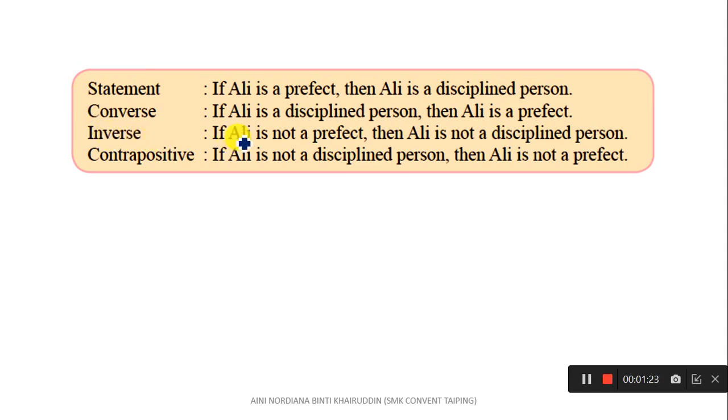Inverse: if Ali is not a prefect, then Ali is not a disciplined person. And contrapositive: if Ali is not a disciplined person, then Ali is not a prefect. Can you spot the differences between all four?